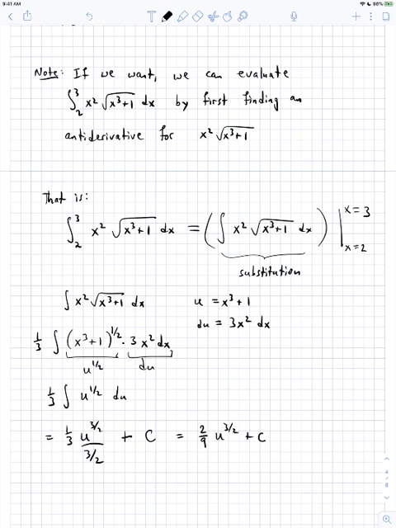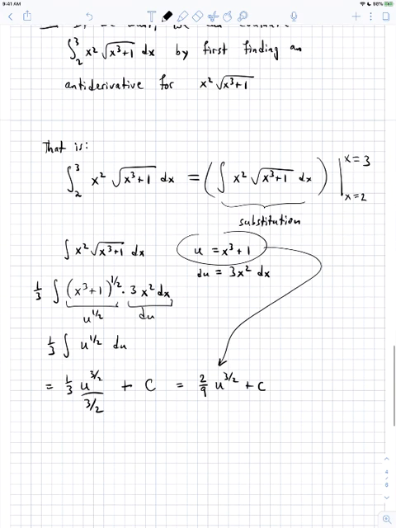But doing it this way, we're trying to find an antiderivative for our function of x. So now I need to take this u and plug it back into our expression. And so we end up with 2/9 times x cubed plus 1 to the 3/2 plus c. And this is our antiderivative.